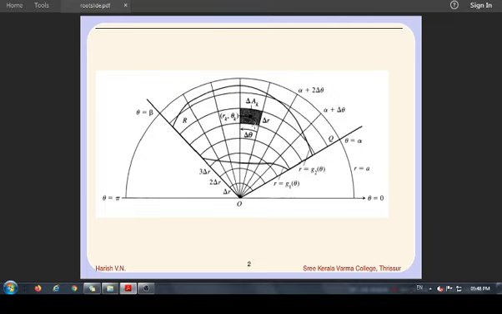Understand? You subtract from this area, so you will get this area, the shaded portion.